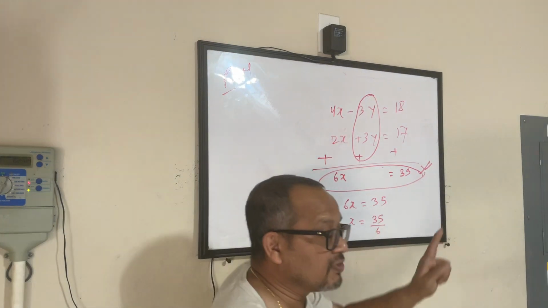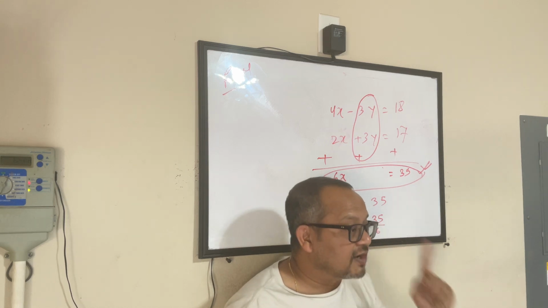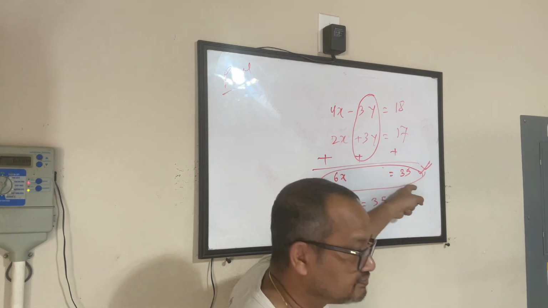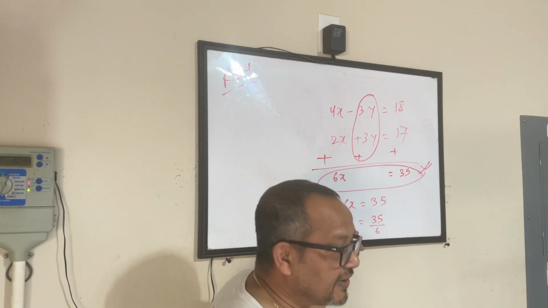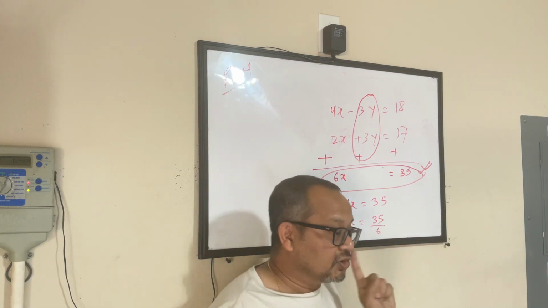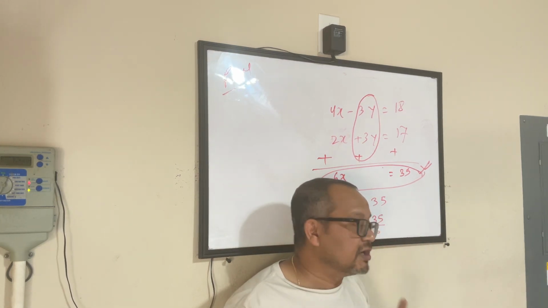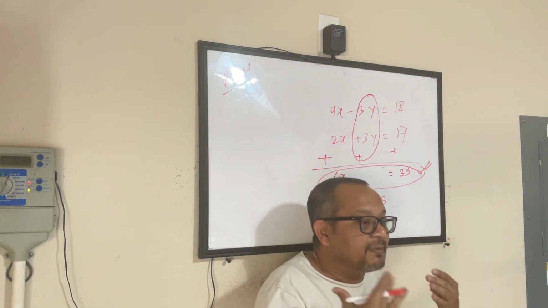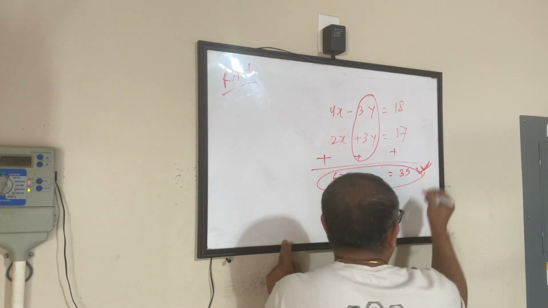If you remember what I said 10 minutes ago, our ultimate goal is always to get to a situation where I have one equation with one variable. And that enabled me to get the value of x very quickly. So whenever you're dealing with a system of equations, your ultimate goal is to recreate or develop an equation where you get one variable in one equation.